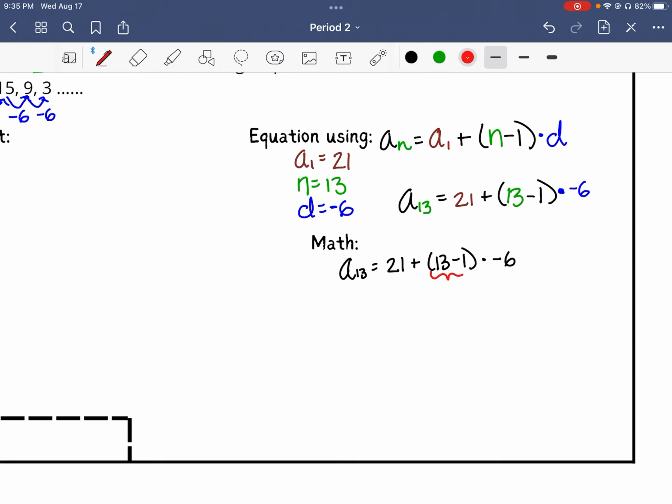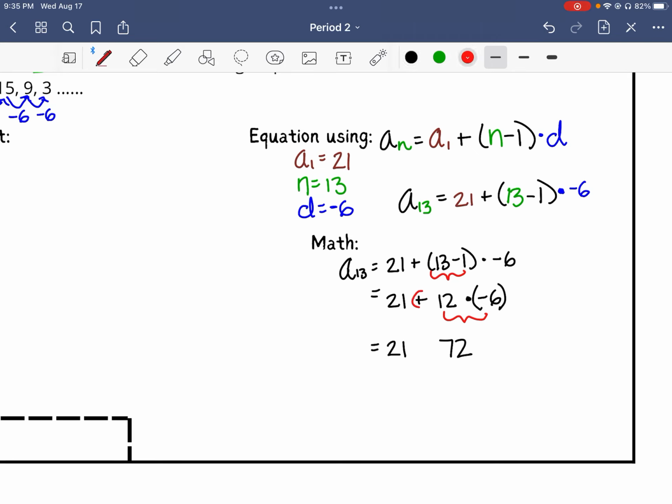Again, I'm going to work inside my parentheses first. Now, you see how I have two operations right here? I'm going to separate this with parentheses so I don't get confused. Remember, between addition and multiplication, multiplication comes first. Now, 12 times 6 is 72.